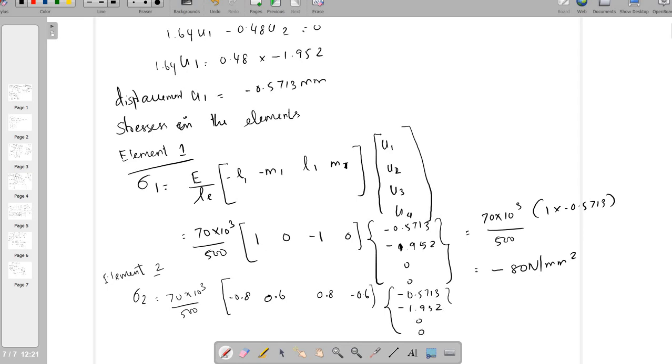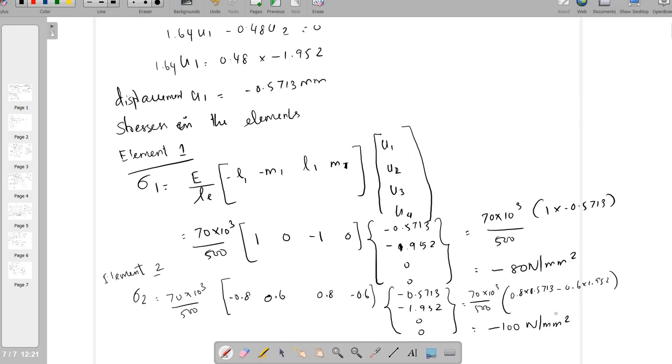U5, U6 are 0. So you can write 70 into 10 power 3 by 500 into 0.8 into 0.5713 minus 0.6 into 1.952, which is equal to minus 100 Newton per mm square.